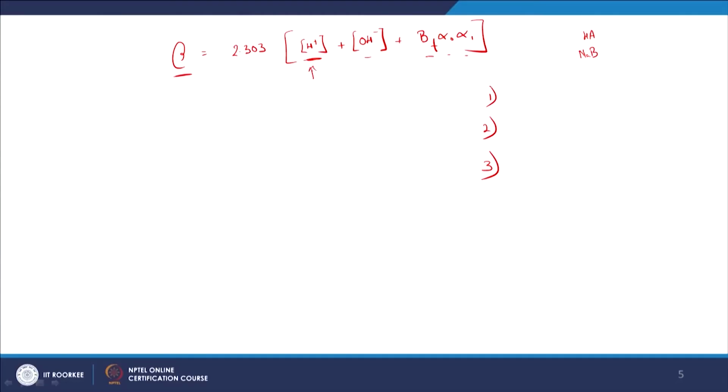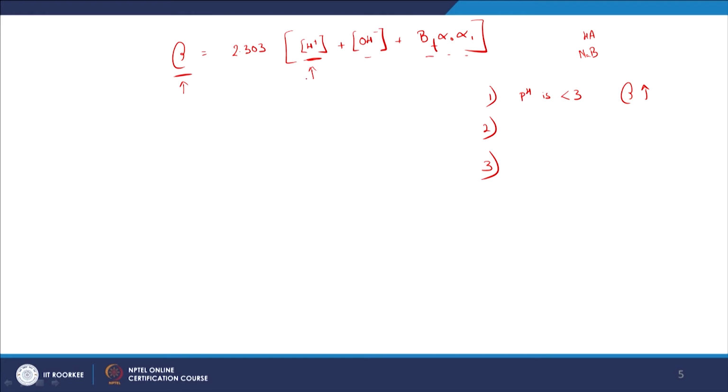Think of this now: when the H plus concentration is high, the buffer intensity is going to be high. What does that mean? When the pH is very low, let us say less than 3 or so, you are going to have a high buffer intensity.